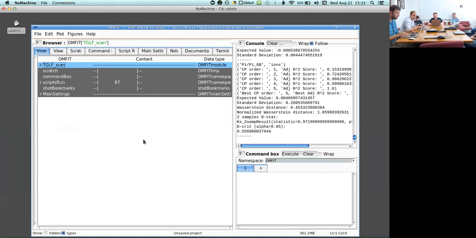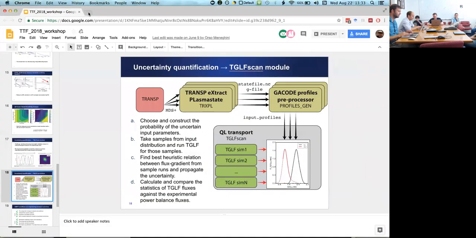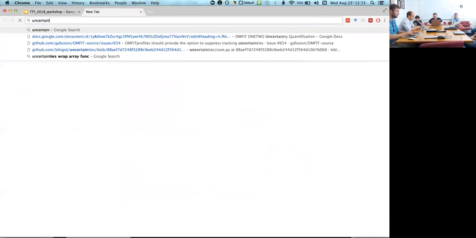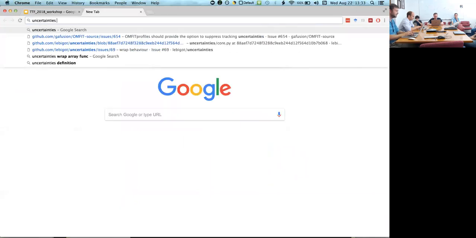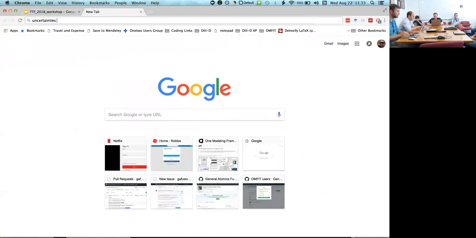If we look at the uncertainties package in Python, it takes the other extreme, where it assumes that everything is linear in the uncertainty, both the inputs and the outputs.